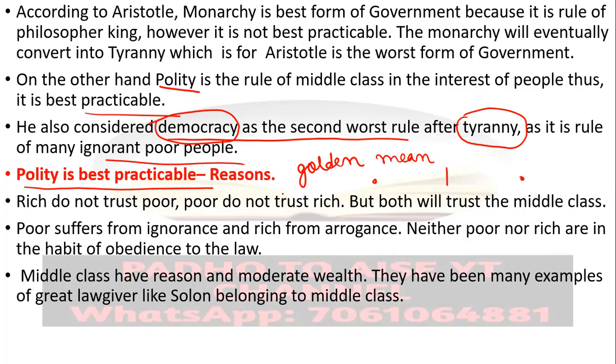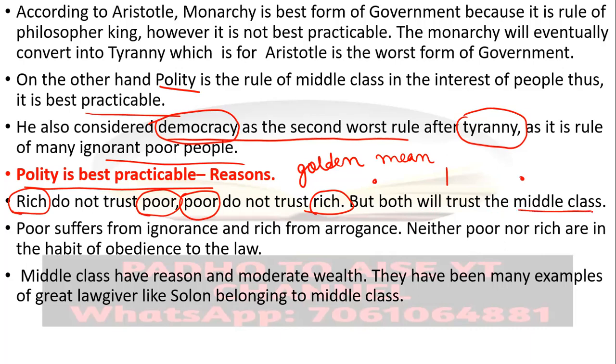So therefore Aristotle argues the rich do not trust the poor, and the poor do not trust the rich. So if there would be the rule of the rich, that means if there would be aristocracy, then the poor people will not trust the rich people. If there would be democracy, the rule of the poor, the rich people will not trust the poor people, but both classes will trust the middle class.